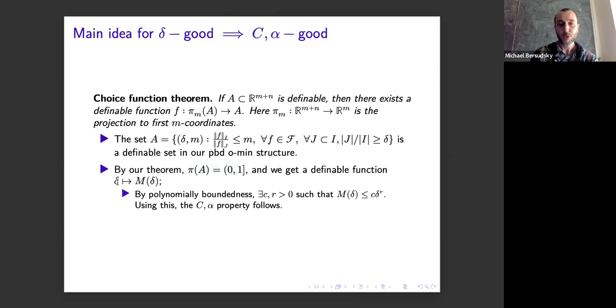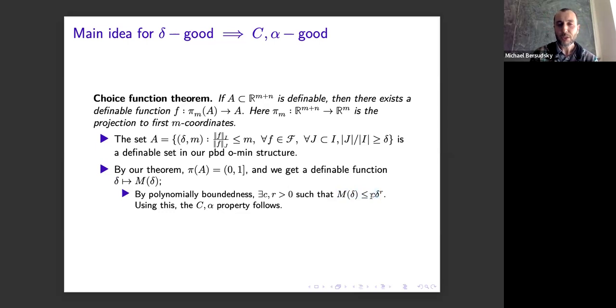So we can choose this M using delta, and this function is a definable function in a polynomially bounded o-minimal structure. So we get that this M delta is at most some constant times delta to the power of r. I think it should be, if delta is very small, r negative here.